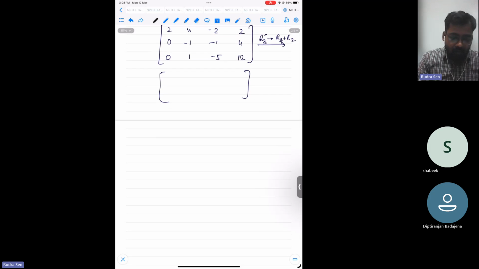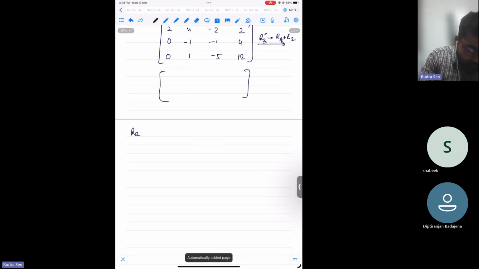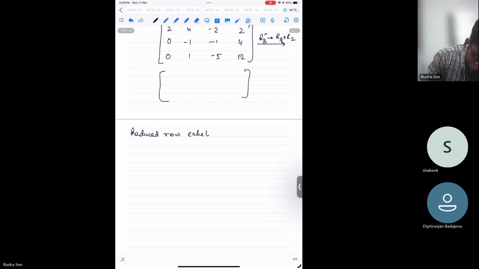Okay, and then we move to the reduced row echelon form. Reduced row echelon form is basically a little more reduced version, as is already shown in the name. Let's call it RRE.